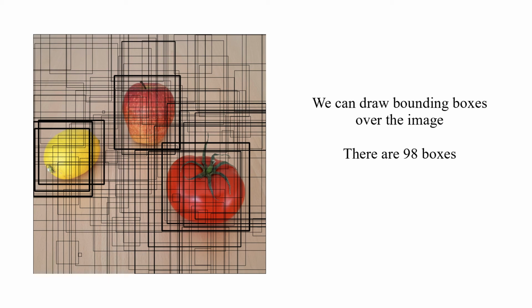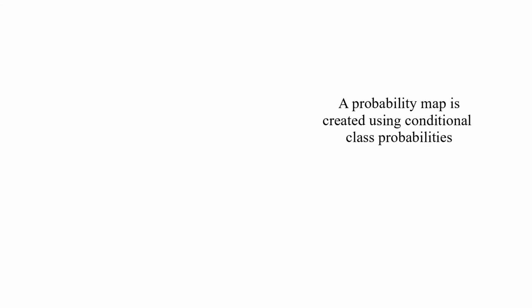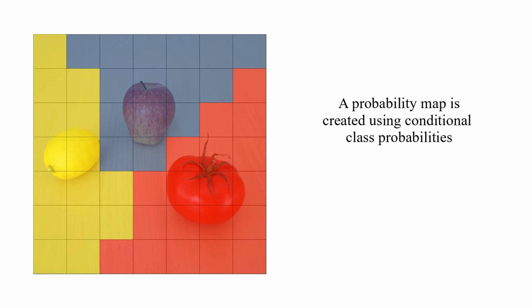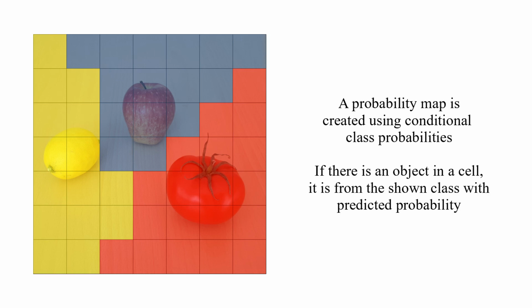There are 98 boxes. Each bounding box has a confidence score. Also, we can create a probability map using conditional class probabilities. If there is an object in a cell, it is from the shown class with the predicted probability.